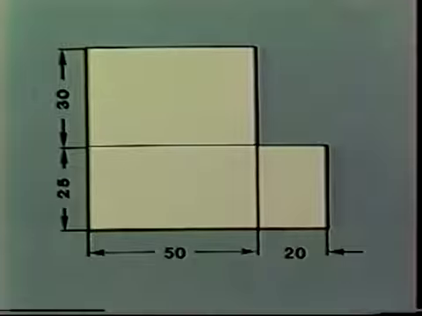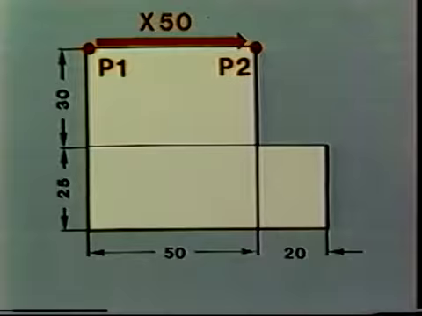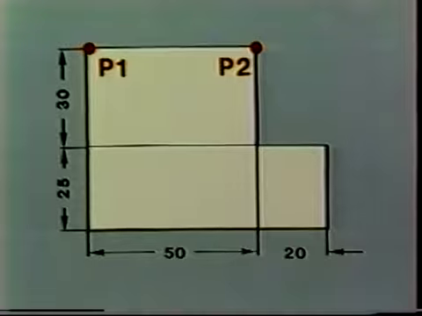Sometimes, however, the dimensions indicated in a part drawing are such that it might be easier to specify how far the tool should move away from its current location. In this case, the distance from P1 to P2 is still 50, because P2 is located 50 millimeters from P1 in the X direction. Getting to P3 from P2 is a different story.